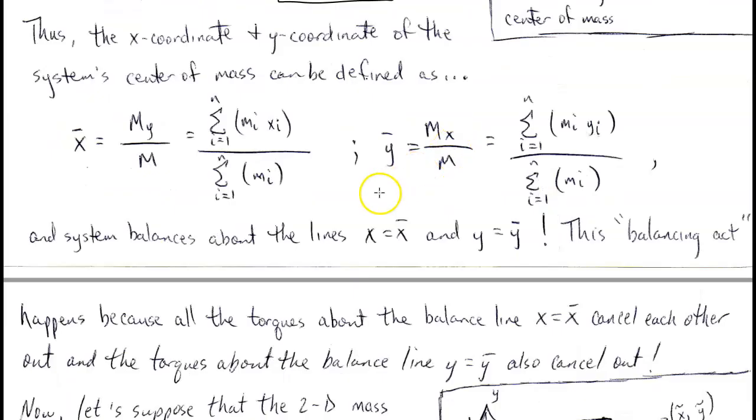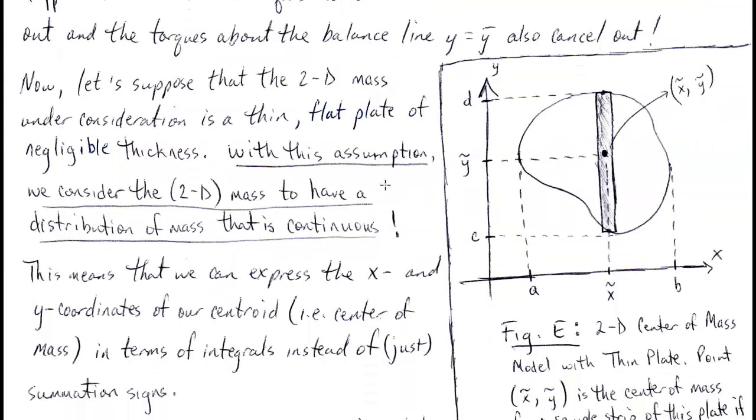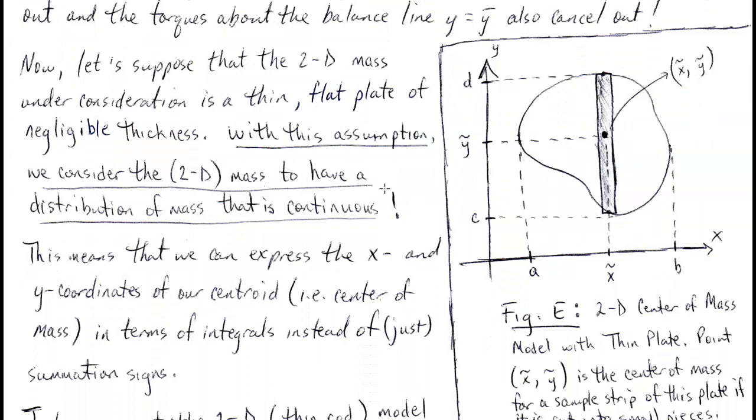So to sort of round this out, let's look at a two-dimensional figure where the mass under consideration is a thin flat plate with negligible thickness. The main thing here is that we can assume our mass is distributed like a continuous function.